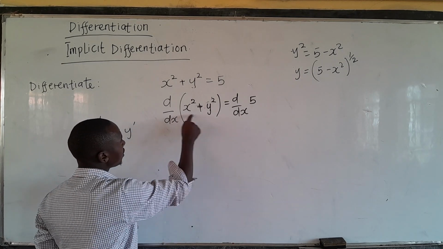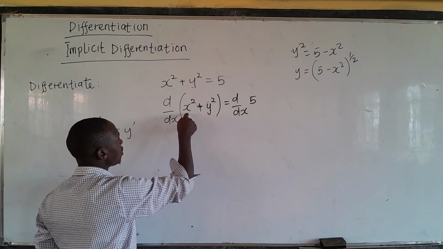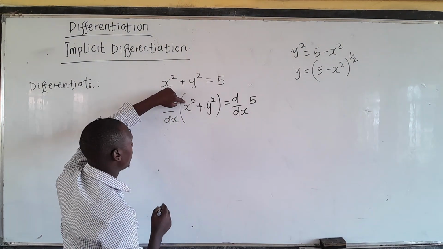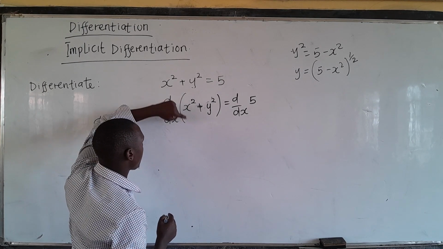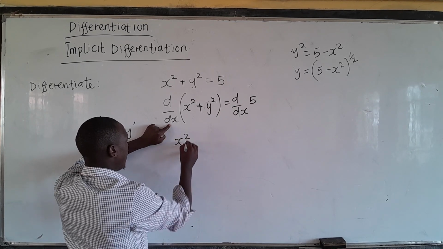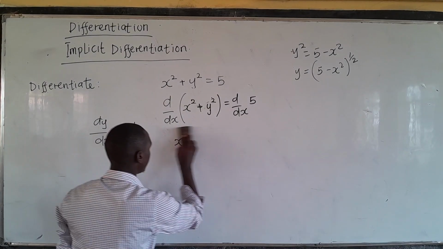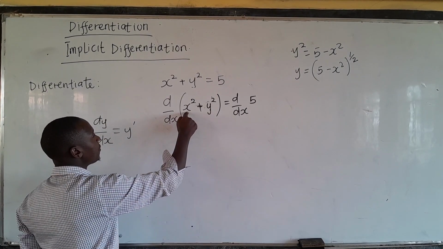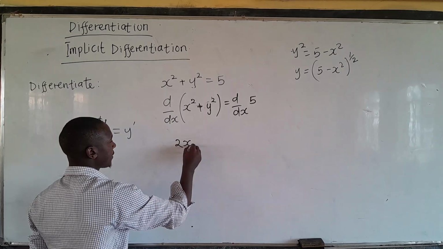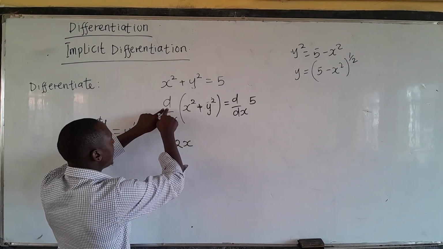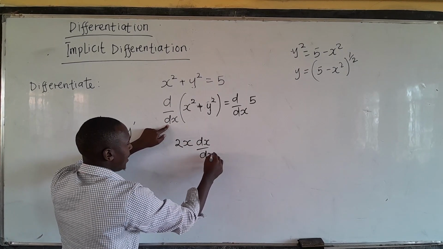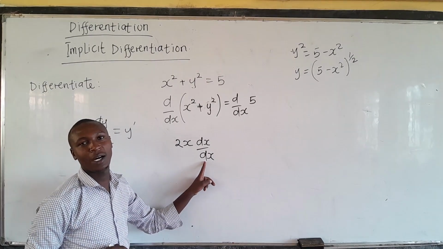Well, we are going to differentiate each term with respect to x. If we find the derivative of x squared with respect to x, then you're going to have 2x multiplied by dx over dx, and dx over dx is 1.